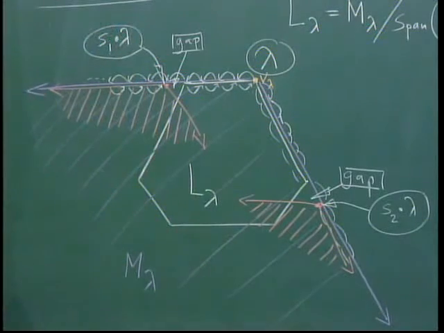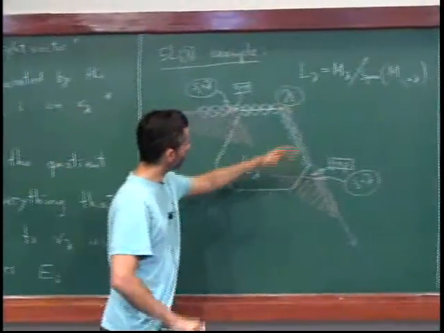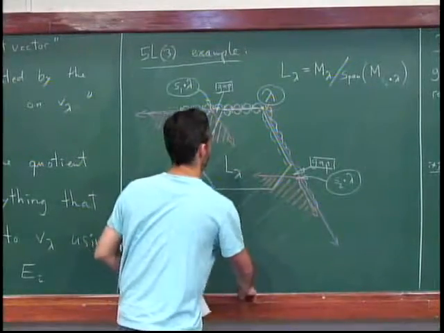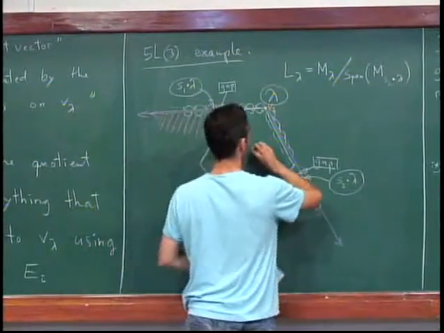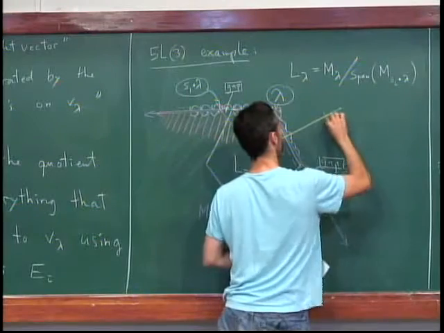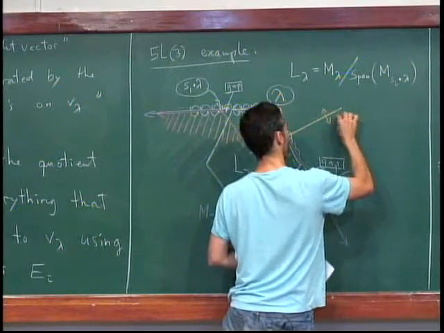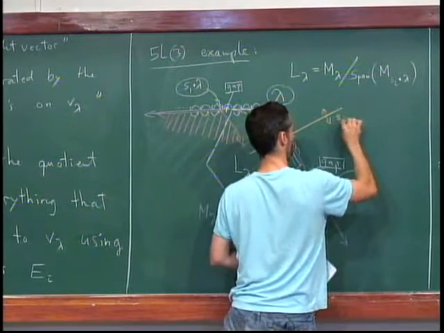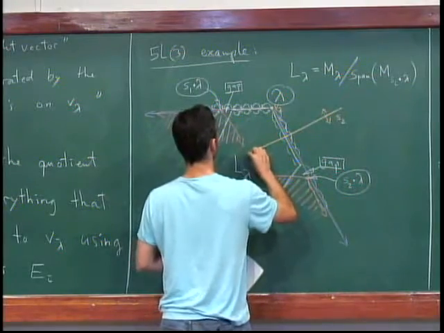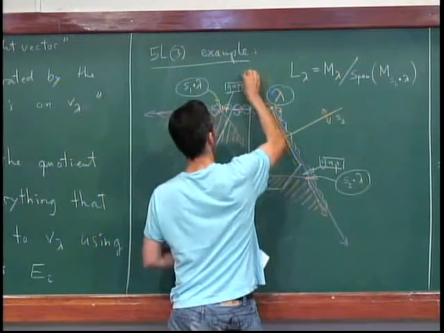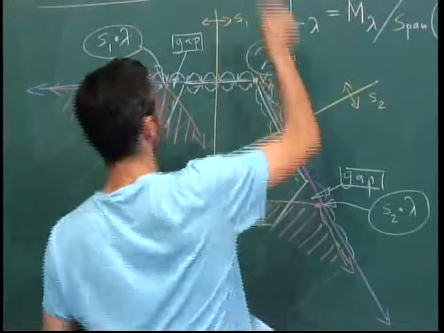Okay, so what are these s_i? s_i is the operation of reflection across this direction. So I have this line here, and that is s_2, and that line here, that is s_1.